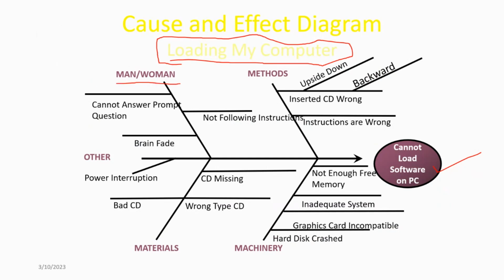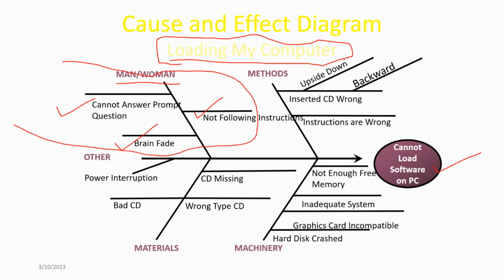From the people side, from the person side, I am not able to get answers for my questions, right? I am not able to follow the instructions, or I am just finding it very difficult to process, right? This can be the people side of the problem.